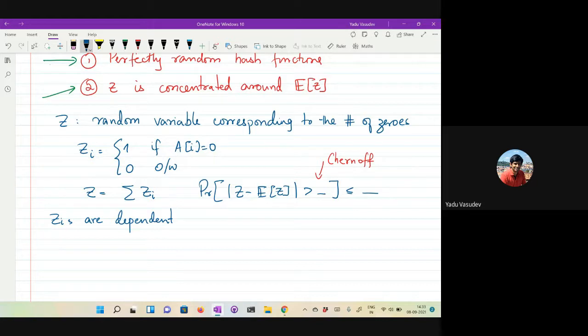Because you're actually hashing m elements into this array. So if I tell you that there is this collection of indices where all of them are actually 0, then the remaining part cannot have too many zeros. It must be small. So they are dependent in this sort of, what is known, very negative way. This is formalized using the notion of what is called negative association or negative dependence.